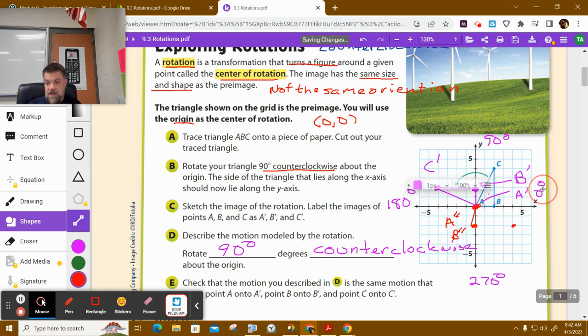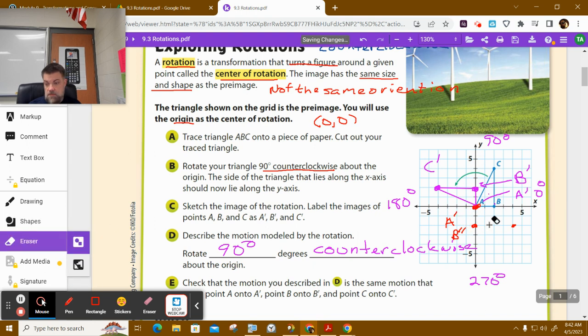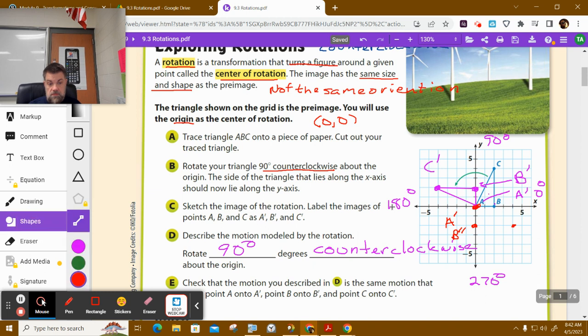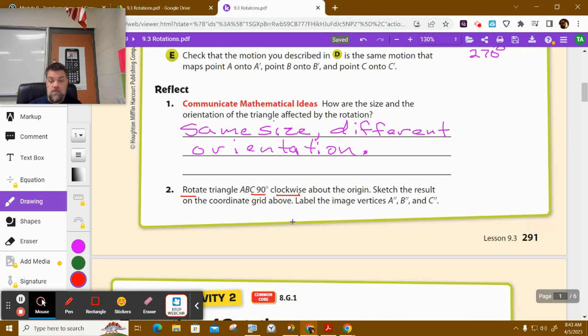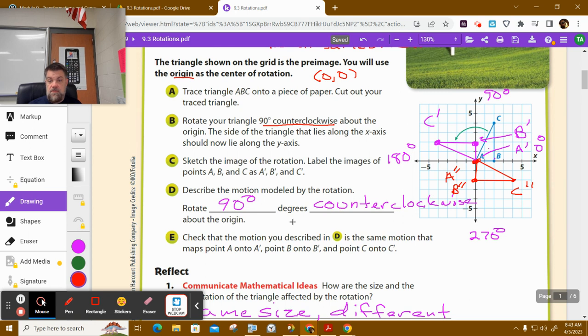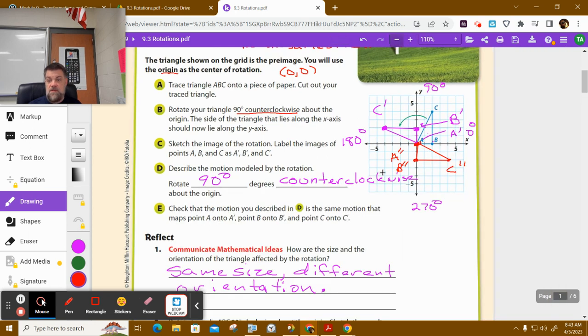Oh, I hate that thing. And that last one is C double prime, right? And that's basically it. Let me zoom out so you guys can see it all.